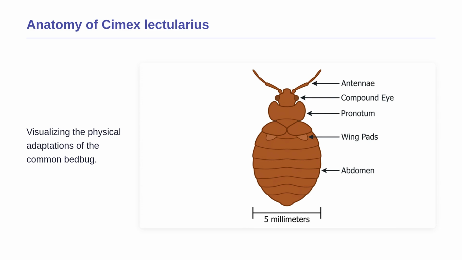Just behind the head is the pronotum, followed by the wing pads. Remember, they are wingless, so these are just vestigial structures. The largest portion is the segmented abdomen, which expands significantly when they take a blood meal. The scale bar shows they are only about 5 millimeters long, roughly the size of an apple seed.